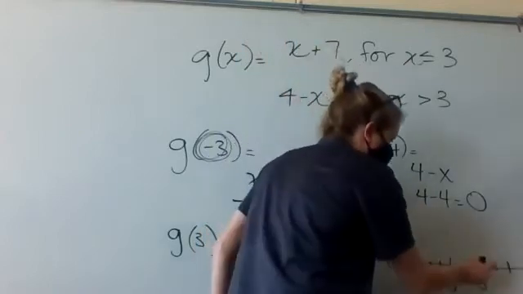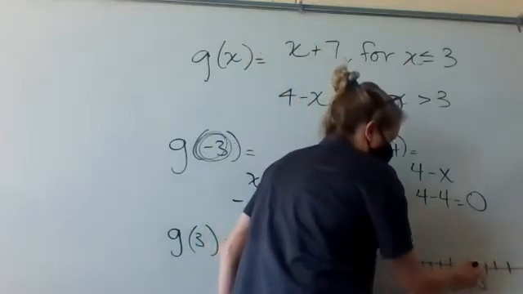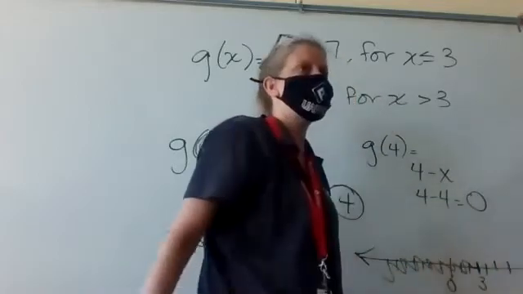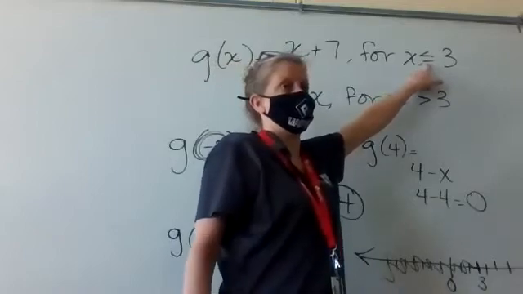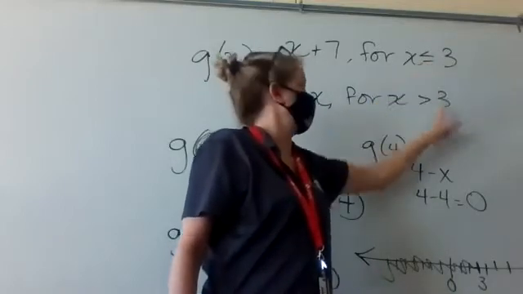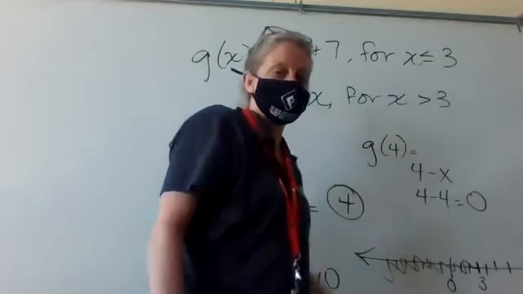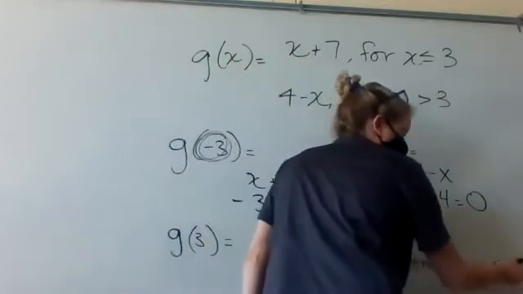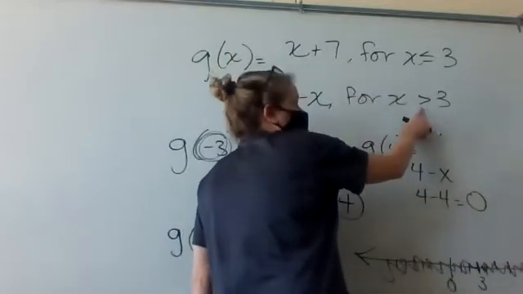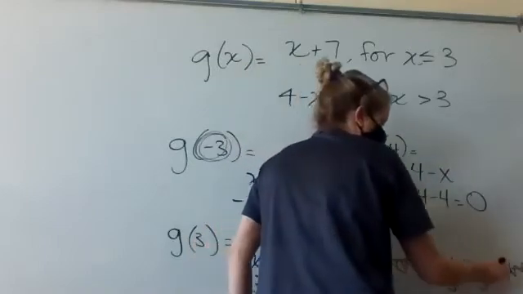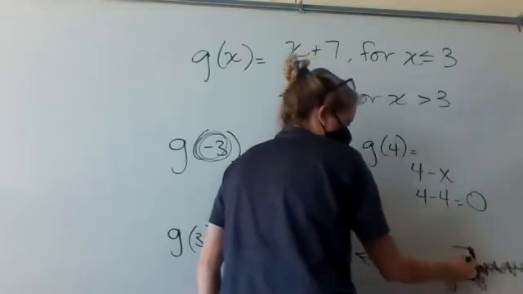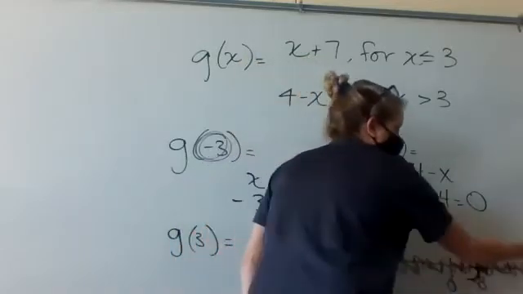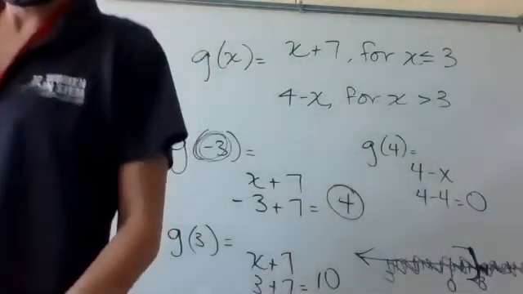That would include this and everything below it. Any number below 3, or actually 3, is what this says: less than or equal to. What does this say? Greater than, which would be the other side of 3, not including 3 because it doesn't have the equal to. So you're either in this group or you're in that group. Okay, I got it now.